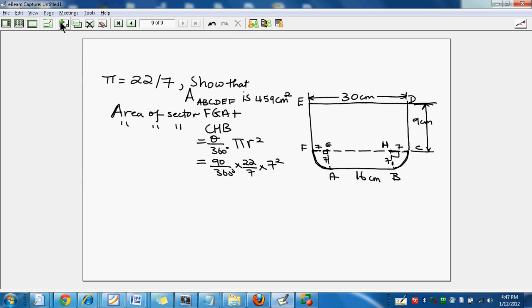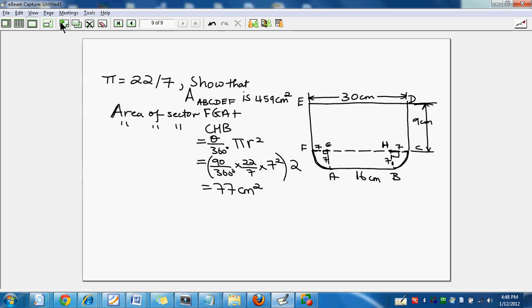Now remember, we are looking at two areas, so we have to multiply this answer by 2 to get the area of the two of them. When you work that out, you get 77 cm squared. We did the area of sectors already, so if you forgot it, it's a revision. You can always go back and check it.